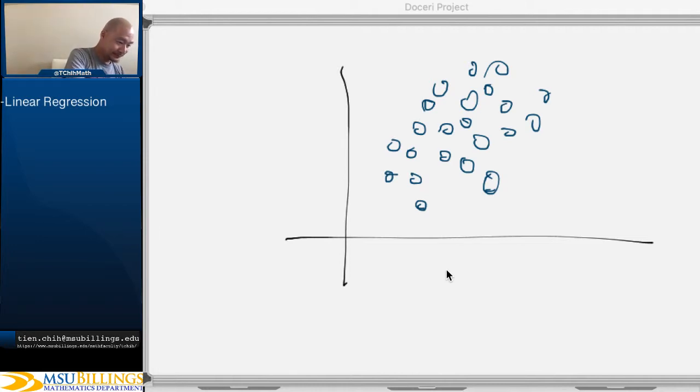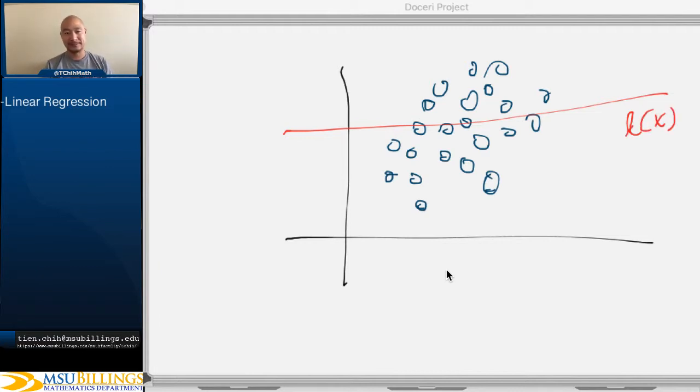So let's say I do draw a line. That's probably not the right line, right? But let's just say that that's our line. So let's call this line L of x, right?